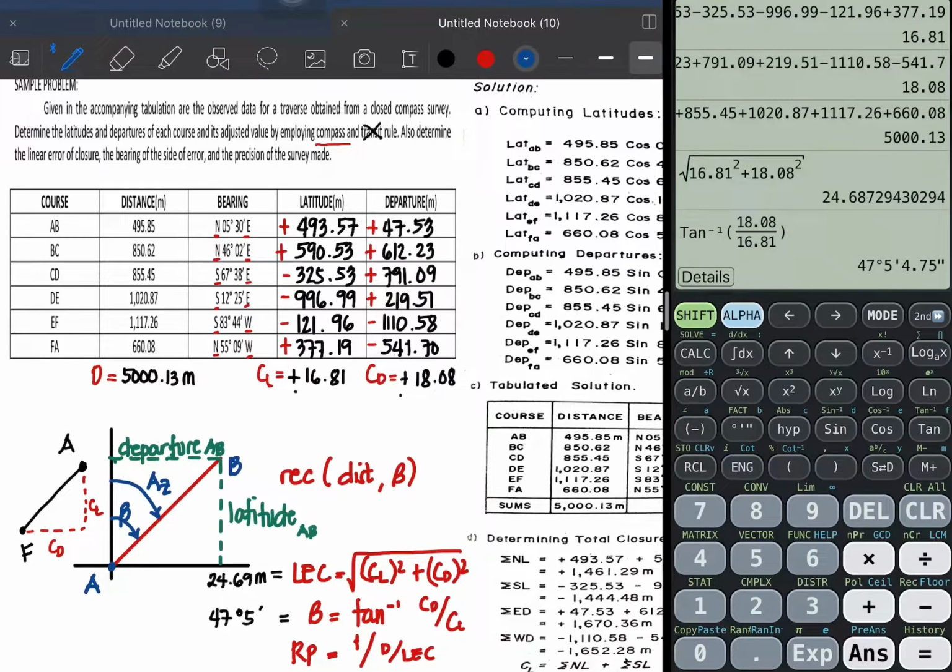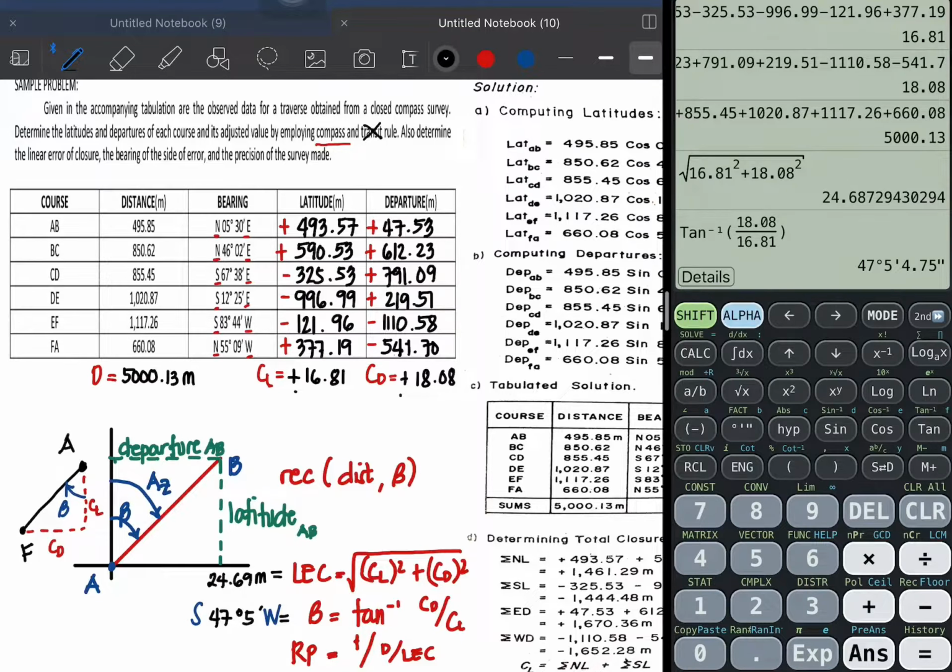So therefore your angle is this one, beta. So your direction of your bearing is southwest. So that is how you solve for the direction of the bearing.